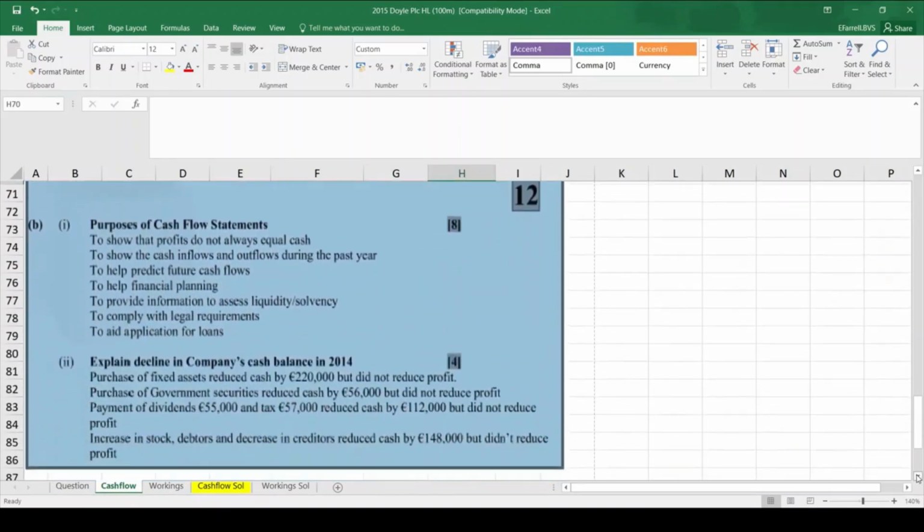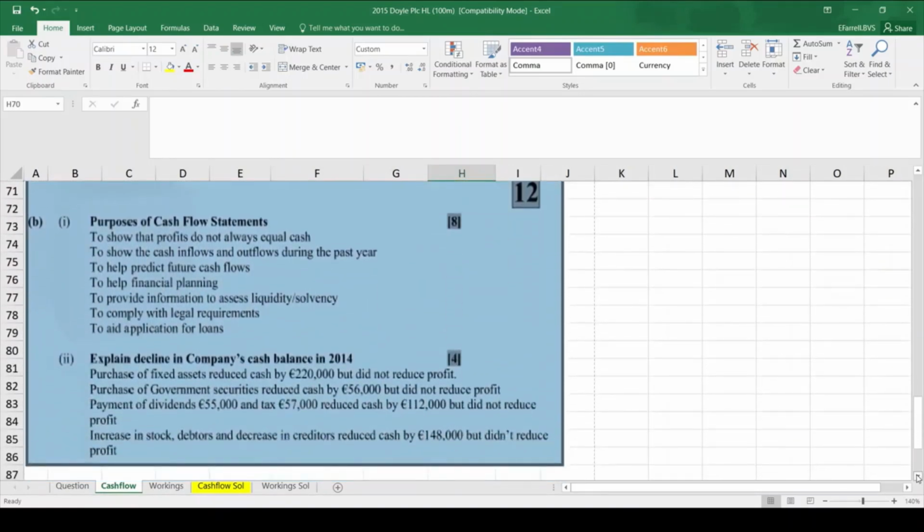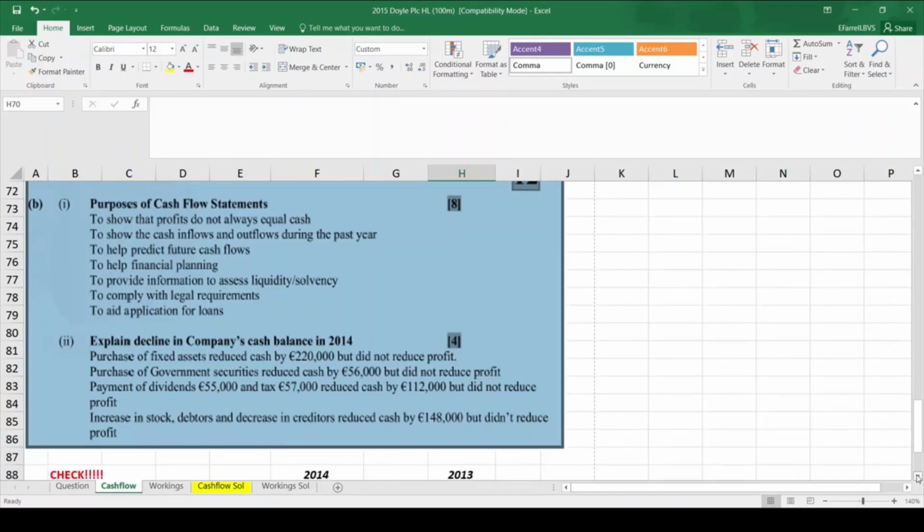Purpose of cash flow statements: to show the profits do not always equal cash, because you mightn't get in the money straight away. To show cash inflows and outflows during the past year, to help predict future cash flows, to help financial planning, and to provide information to assess the liquidity in the short term and the solvency in the long term. You have to do it to comply with legal requirements in certain cases, and to aid application for loans. If you're looking for a bank loan, they would probably want you to do a cash flow statement.